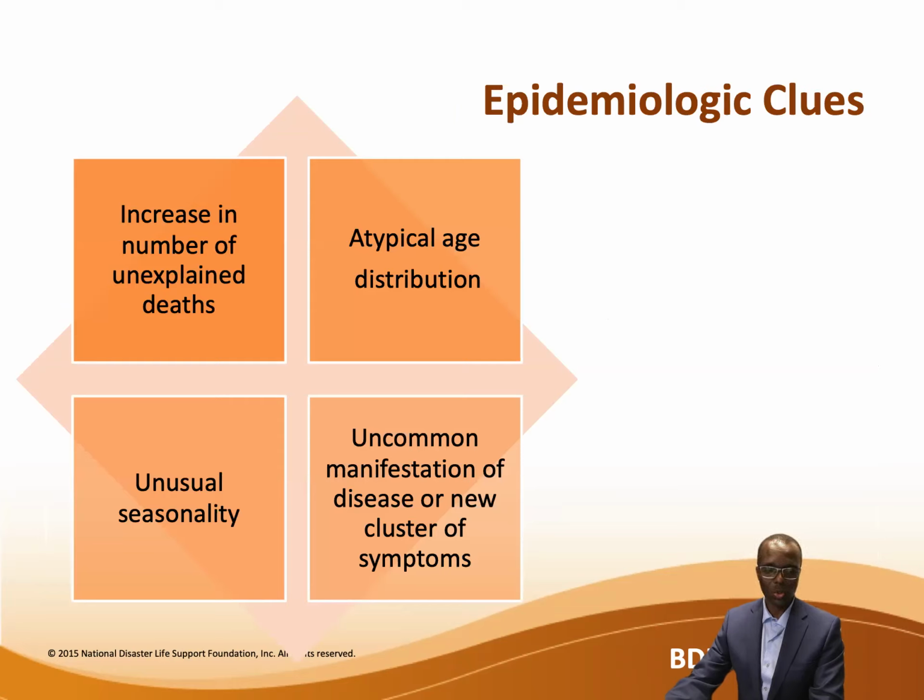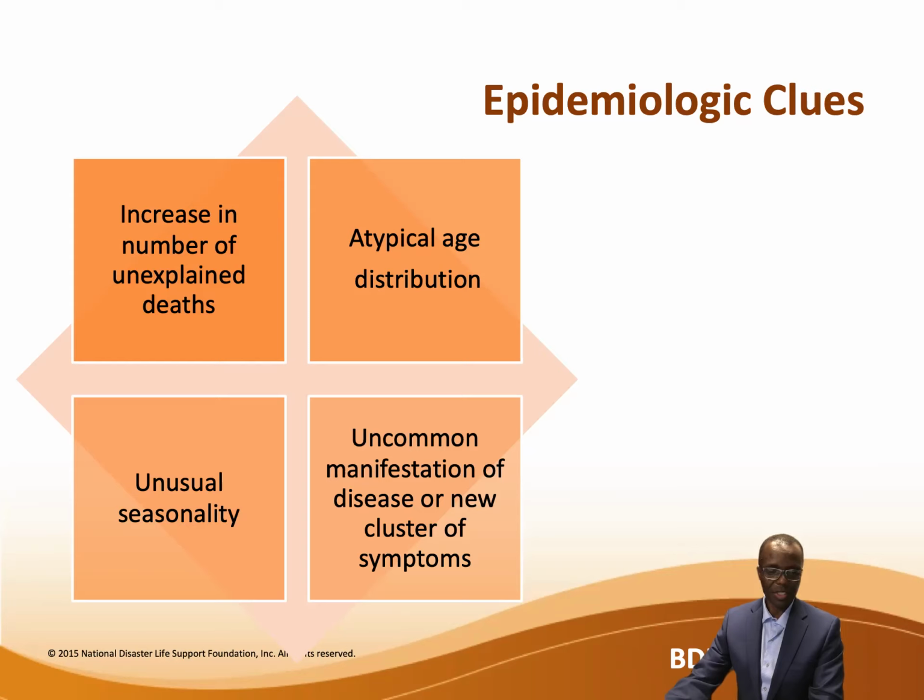Epidemiologic clues of a bioterrorist attack. In addition to an increased number of patients, other clues that may signal a biologic disaster include an increase in unexplained death, unusual age distribution of the patients, unusual seasonality.